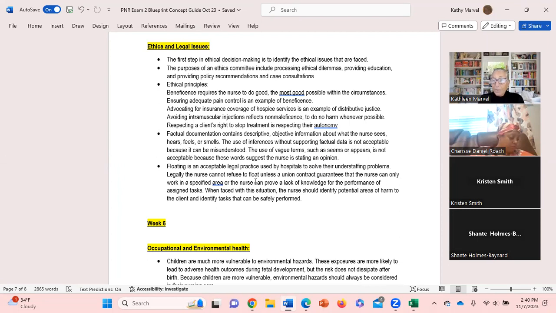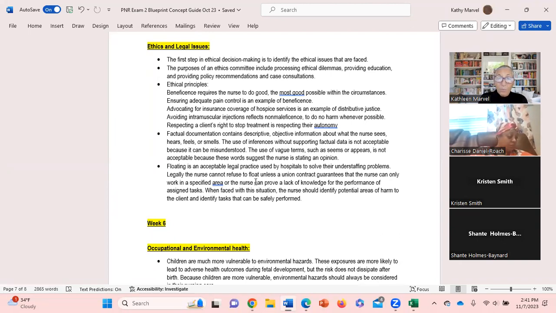What if you float to a PEDS unit and you start giving nebulizer treatments that you've never done before and you set it up wrong, or you give the incorrect amount of medication? Well, that's your problem. That's your license. Exactly.